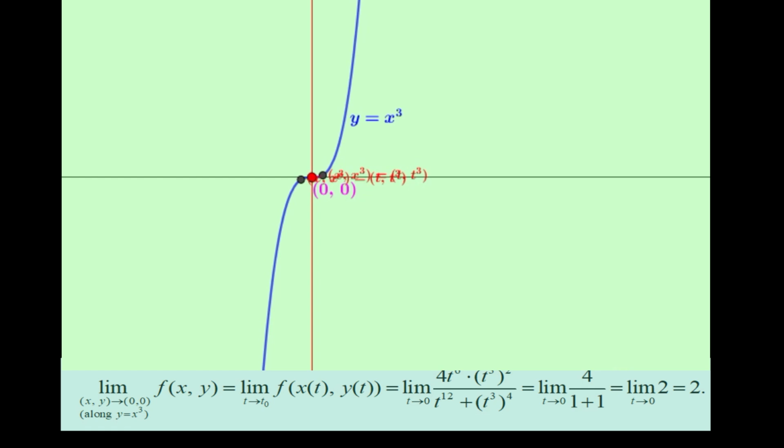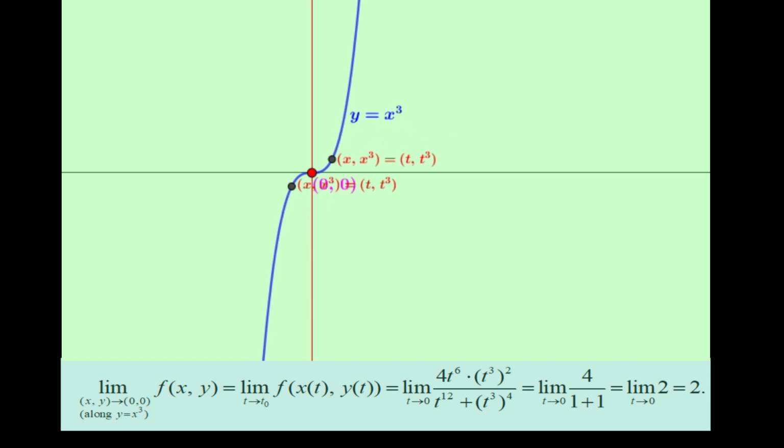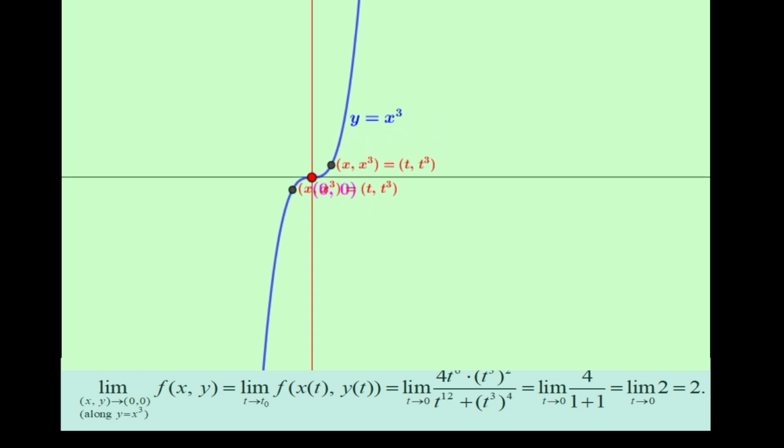So, limit (x,y) approaching (0,0) along the curve y = x³ of the function f(x,y) is equal to limit t approaching t₀ of f(x(t), y(t)), which is equal to limit t approaching 0 of 4t⁶(t³)² all divided by t¹² + (t³)⁴, which is equal to limit t tends to 0 of 4 by 1 + 1, which is equal to limit t approaching 0 of 2, which is equal to 2.